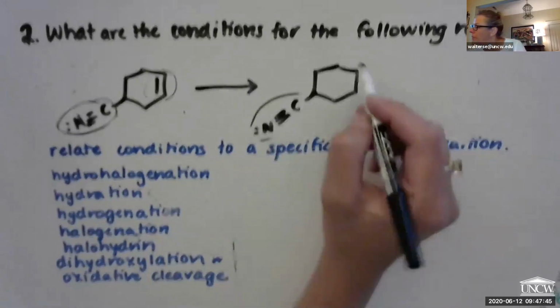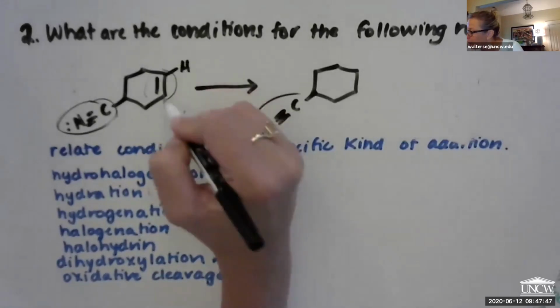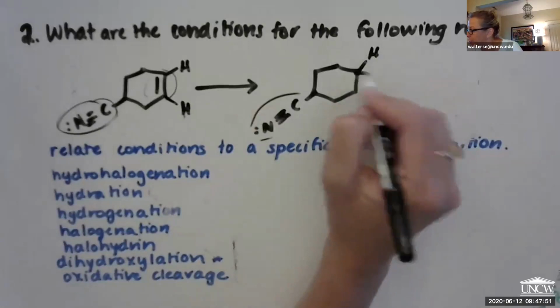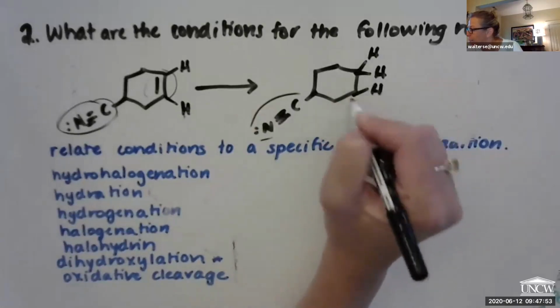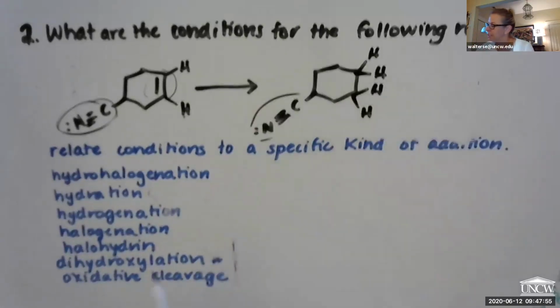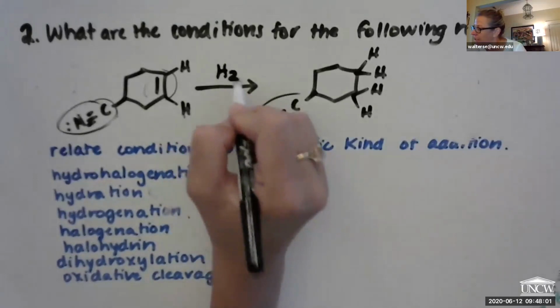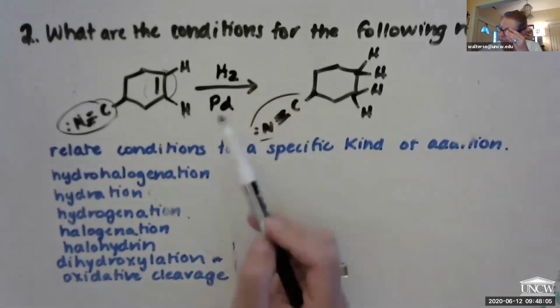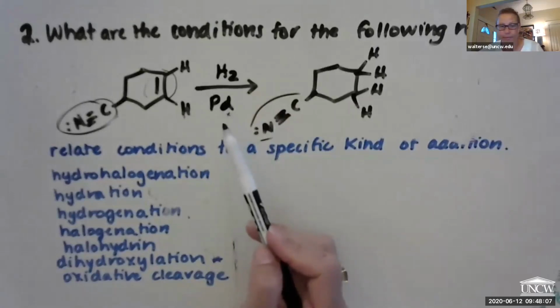But if you look at what's been added by drawing in the missing hydrogens, you've added a hydrogen to both sides. So this is a hydrogenation reaction, which requires hydrogen over some metal. Like I said, palladium, platinum, nickel, all correct.